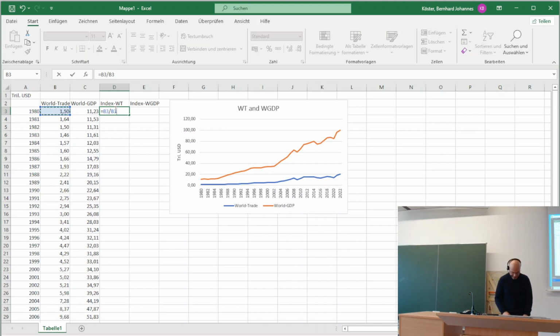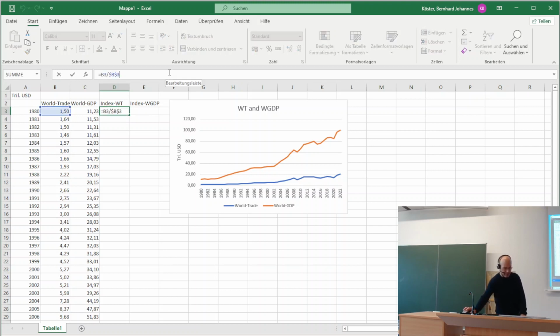Therefore I fix this, and you can do this in Excel in a simple way with F4. Pressing F4 means that you see here that I have a $ in front of B and 3, and this means that this fixes the cell.